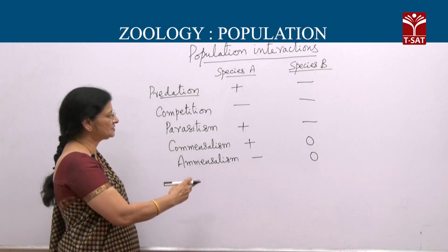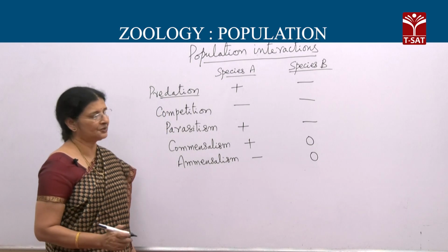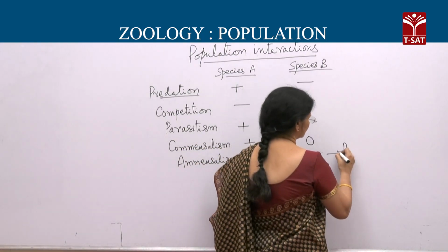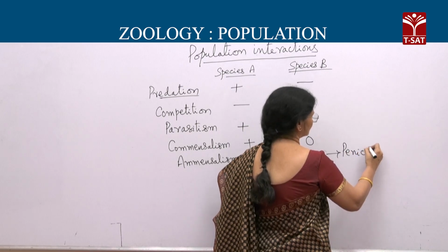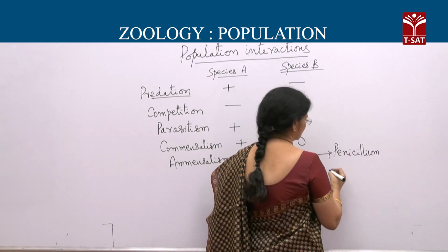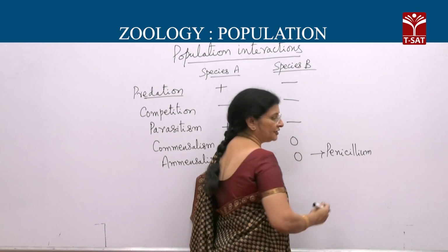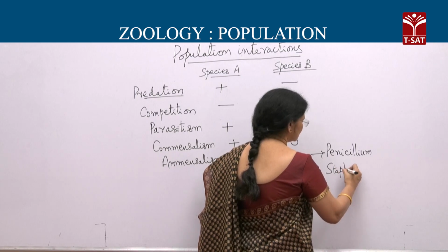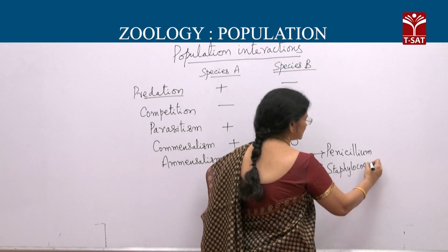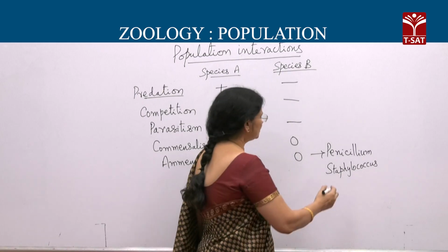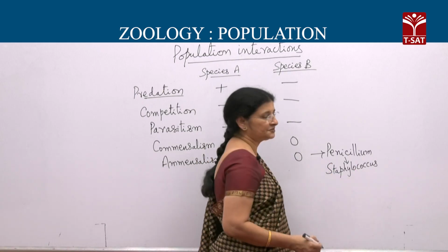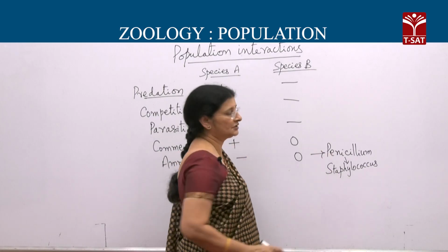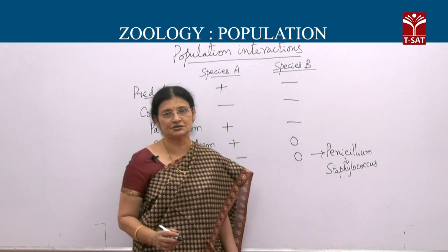For amensalism, let me tell you an example. Take Penicillium, a fungus, grown in a petri dish with Staphylococcus. Penicillium releases the substance penicillin. That penicillin kills the Staphylococcus.